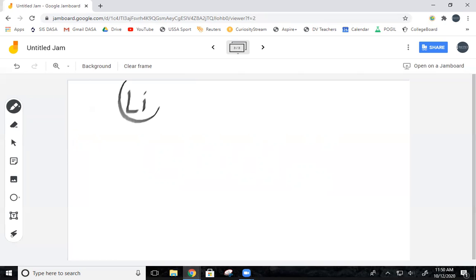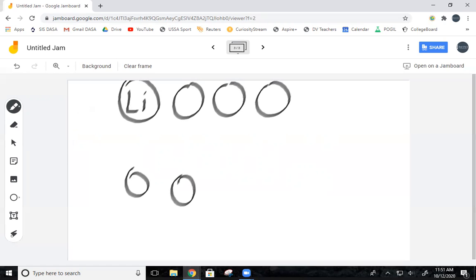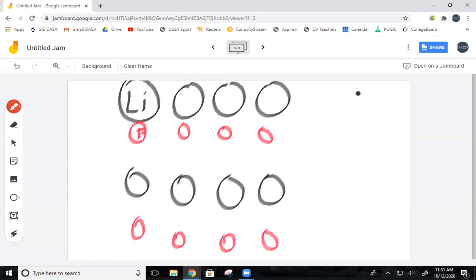The black is lithium, and red is fluorine. So why doesn't that work? Because then the ones on top are near each other. So you have to form a checkerboard. Yes, it forms a checkerboard, okay?